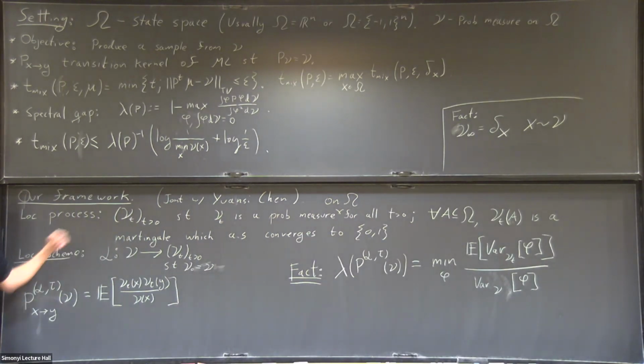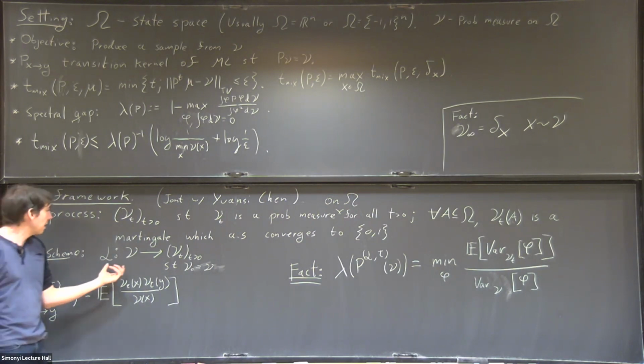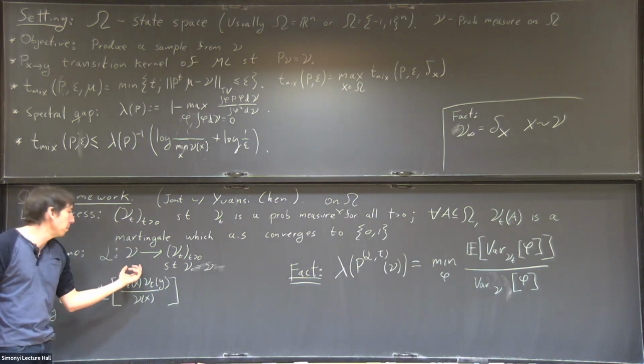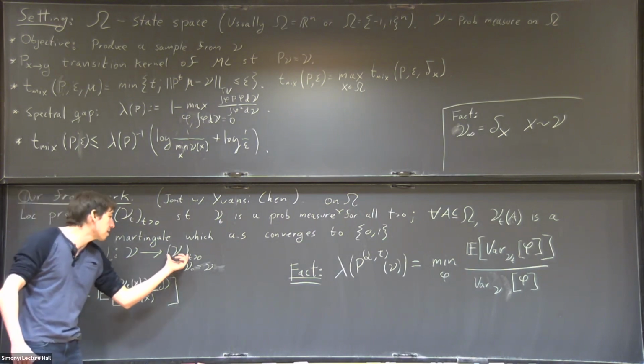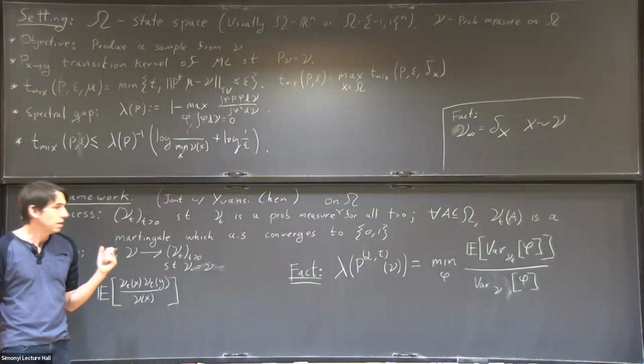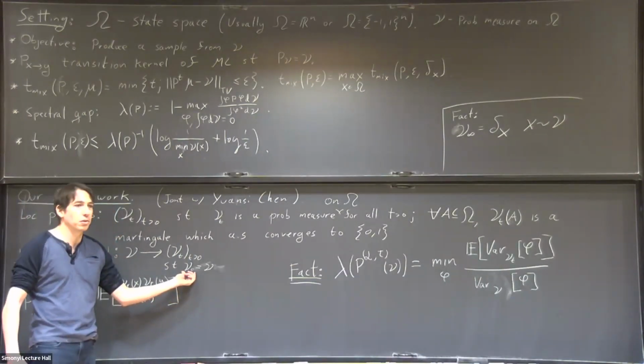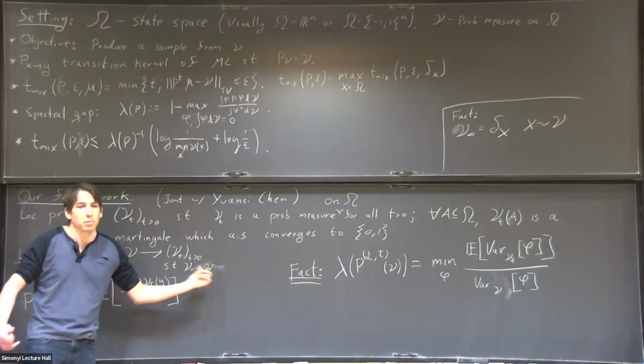Okay, so this is a localization process. What's a localization scheme? It's basically an assignment from the space of measures: to every measure, it gives a localization process such that at time 0, I start from the original measure.